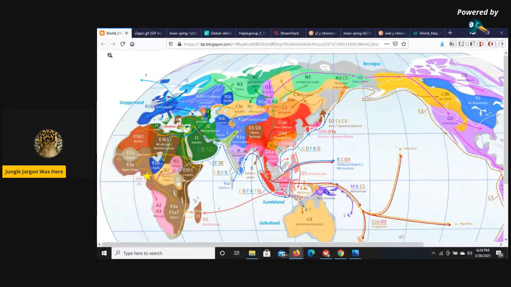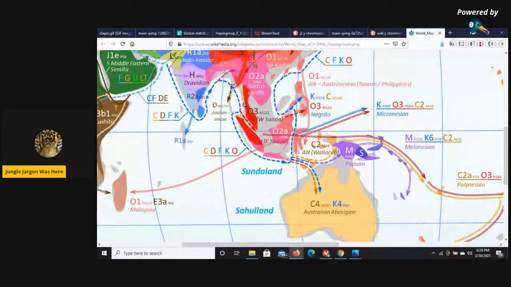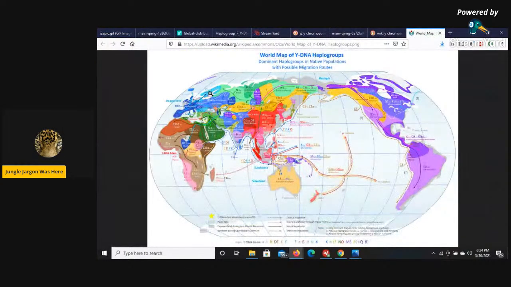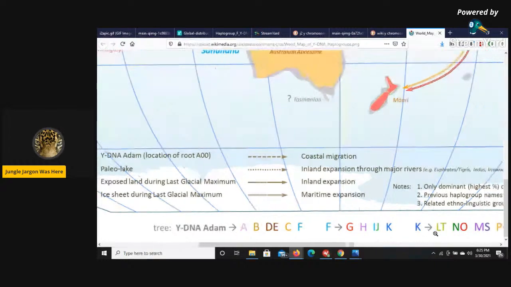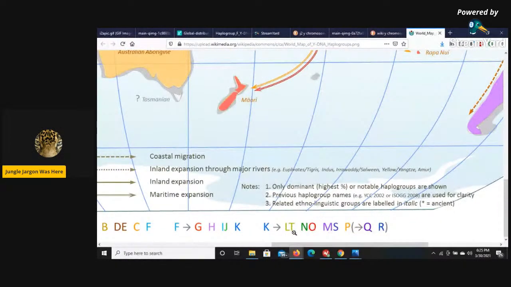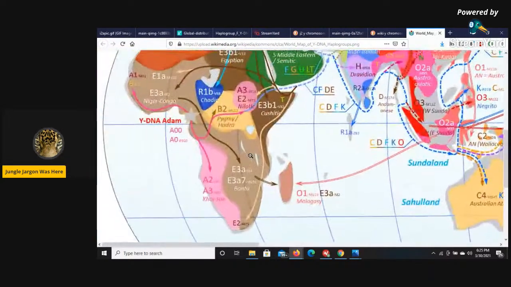Okay, and this is the bad chart. But down here you have the categories again: A, B, C, D, E, and then the F, G, H, I, and J are the Semitics, and then the K, L, M, N, O, P, Q, R, S, and T. But they have to do some work on these.